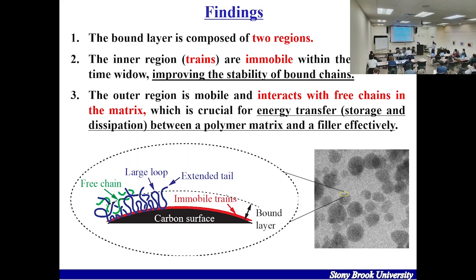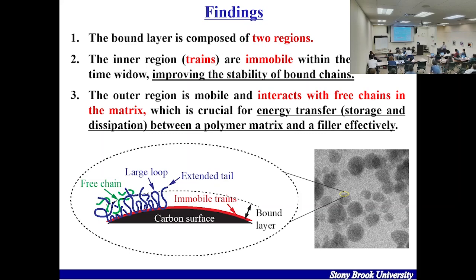That's why I'm saying, if this interface between the filler and the free polymer is disconnected, this doesn't happen, so energy transfer doesn't happen. But according to the neutron data, for the rubber system, they have a really broad interface so that energy transfer is possible. So this is a kind of unique characteristic of the rubber system.